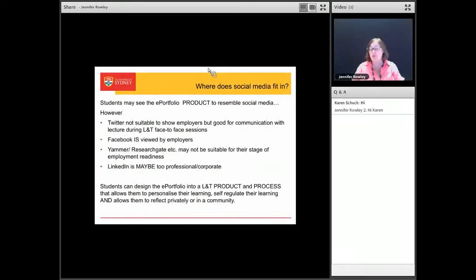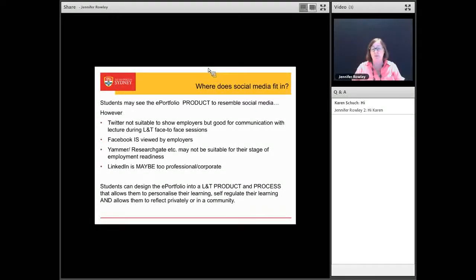Well, I know a lot of students are already into LinkedIn. But maybe, that's not really the correct way. We see very much this portfolio product as a good training ground for them to learn good etiquette and appropriate use of this type of media.